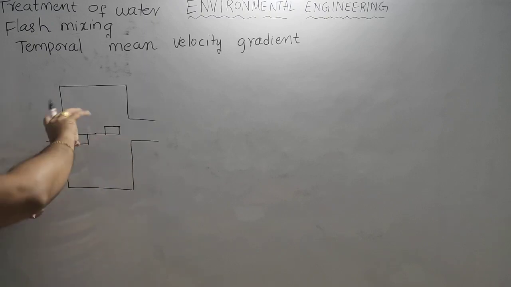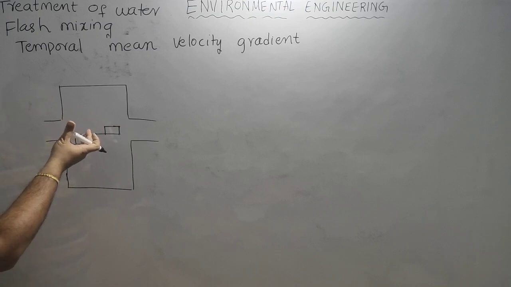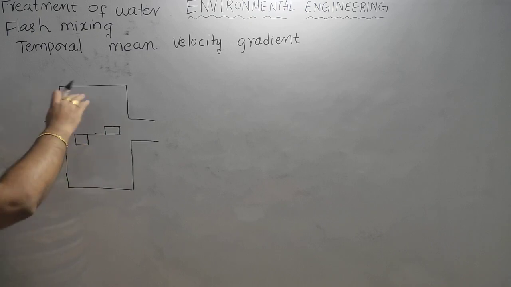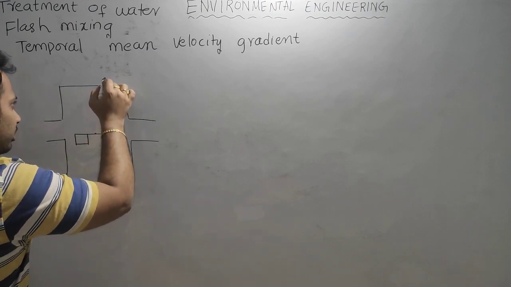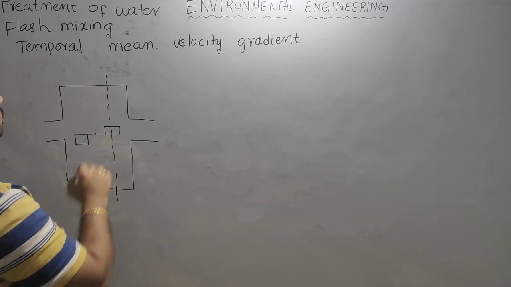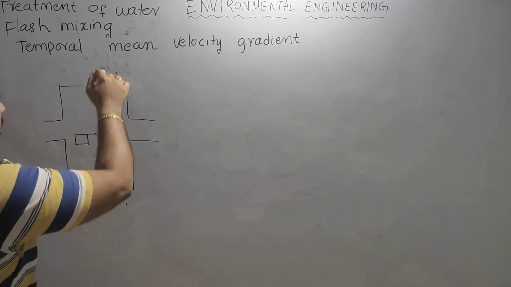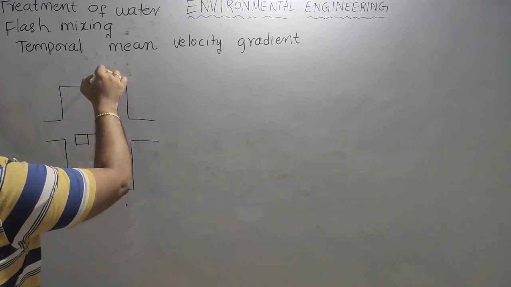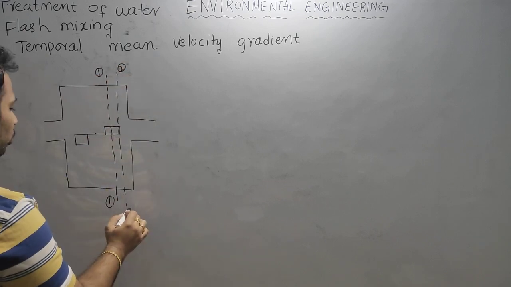This mixing device rotates like this. It induces velocity in the water, right? So I will take some plane like this. I will take an axis like this, and I have taken another axis like this. On this axis 1, 1, and on this axis 2, 2.